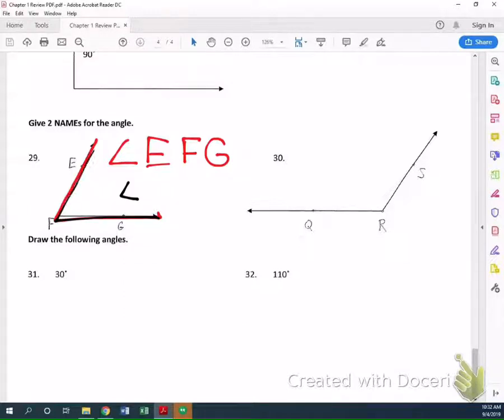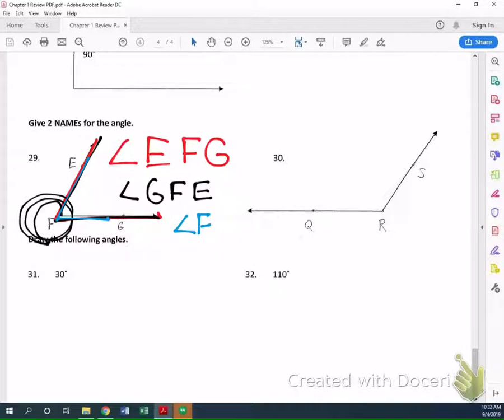G, F, E, as long as F is in the middle because it's the vertex. Okay, so you could be done there. Or, since there's only one angle with vertex F in this diagram, you could simply call it angle F. So pick your 2 favorite answers of those 3 answers and you're good.